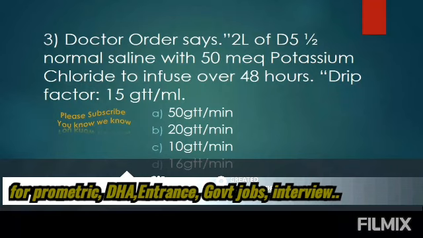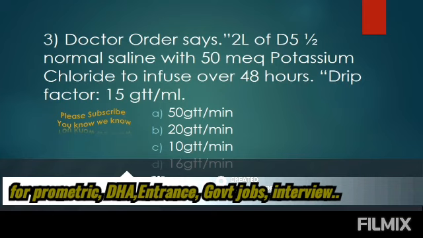The doctor orders 2 liters of D5 half normal saline with 50 milliequivalents, mEq is milliequivalents, of KCl, potassium chloride, to infuse over 48 hours. Drop factor is 15 GTT. 2 liters means 2000 ml.